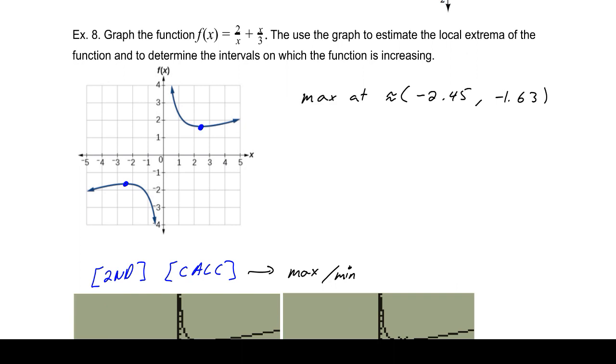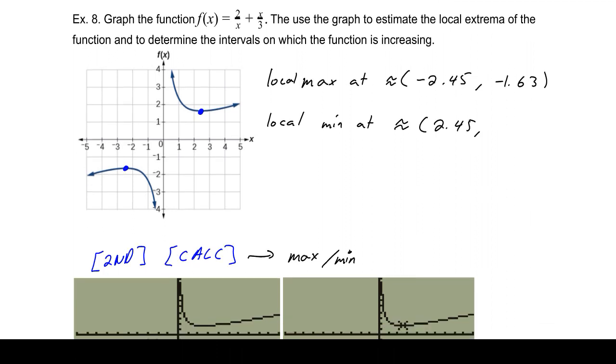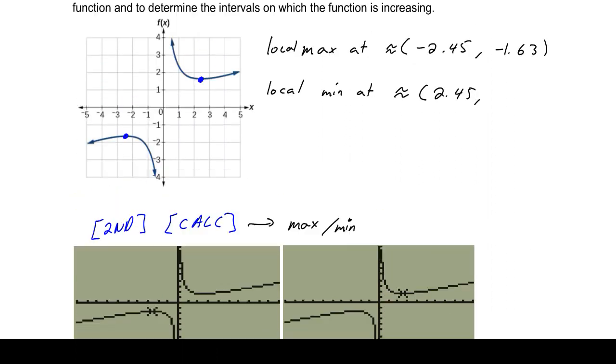And this is, by the way, called a local maximum, because in a certain area, it's the highest point. And a local minimum is at approximately 2.45, 1.63.